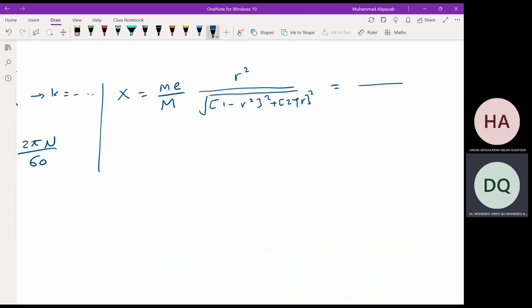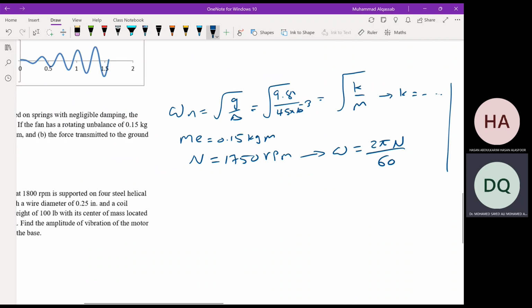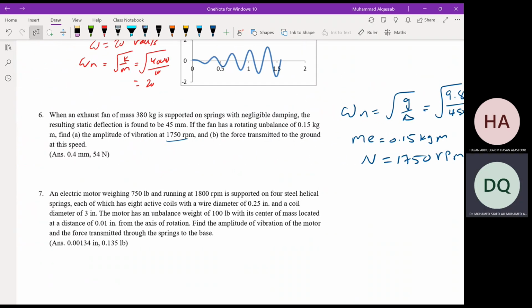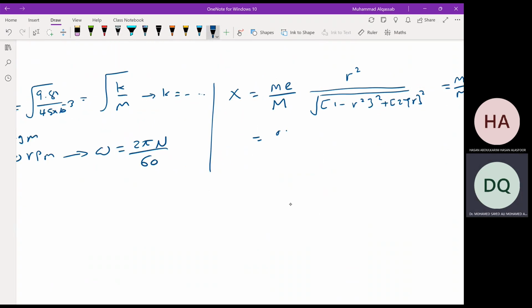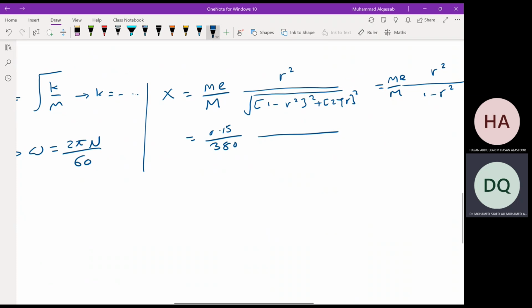This reduces to ME over M times R squared over 1 minus R squared. ME is given, the total mass is given as 380 kilogram, and R is omega over omega n. That will give you the answer to the question. So 0.15 divided by 380, and the frequency omega we need to calculate. The rest you can do.